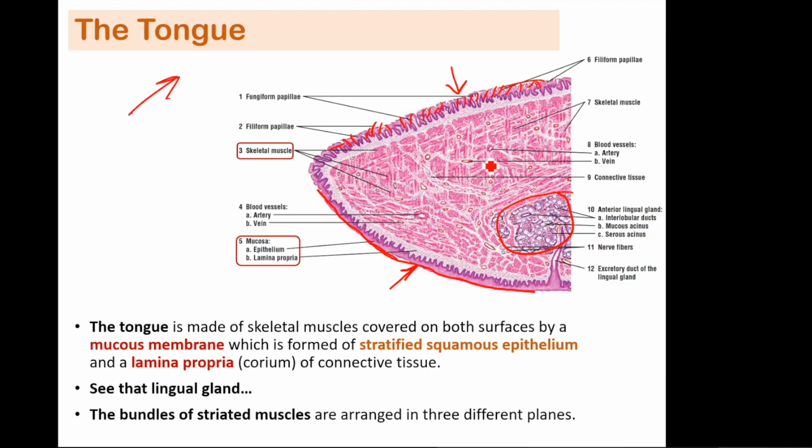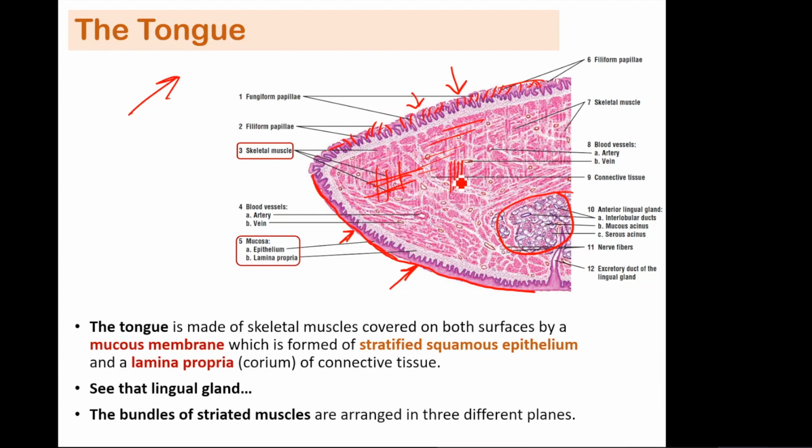Way back to the tongue, as you know, it's a muscle, as you see here, covered by a mucous membrane, and we started with the mucous membrane, as I mentioned, on the dorsal surface and ventral surface. Internally, from the gross anatomy, it has the intrinsic muscle fibers, which are arranged in different directions.